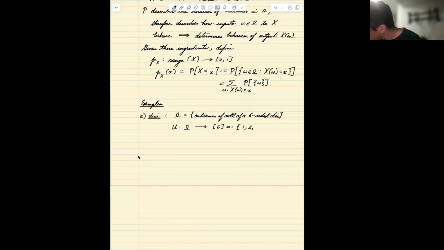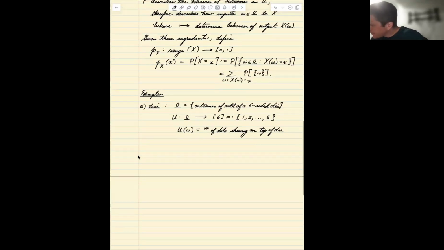Remember how we define square bracket 6? That's just the first 6 positive integers. And the way we define this is we're going to record the number of dots showing on top of the die.